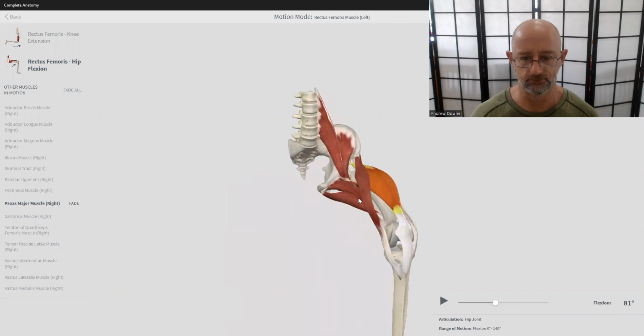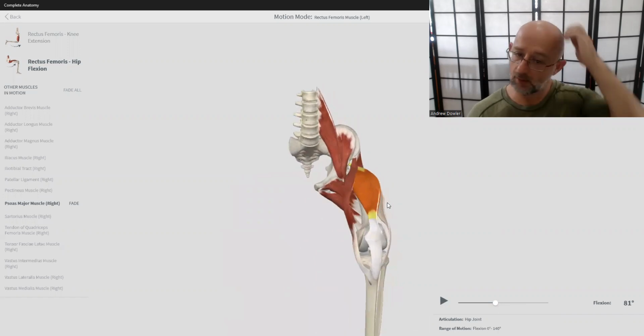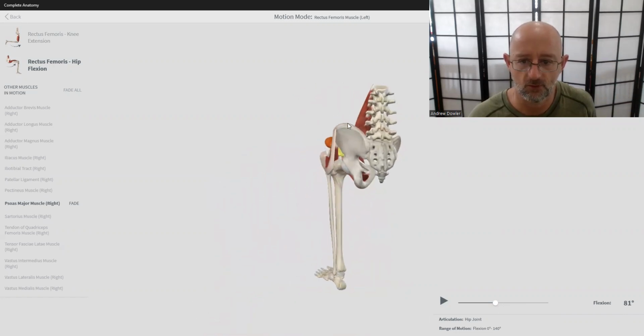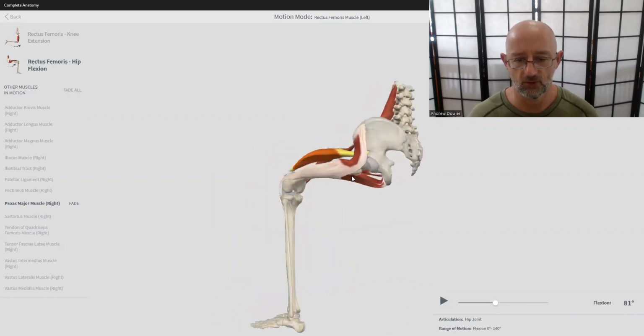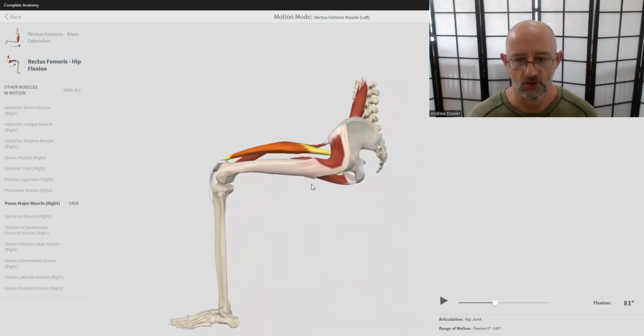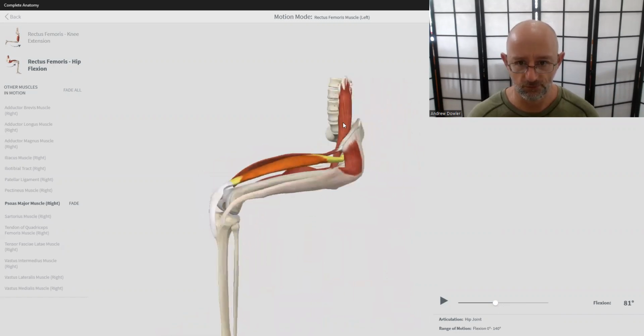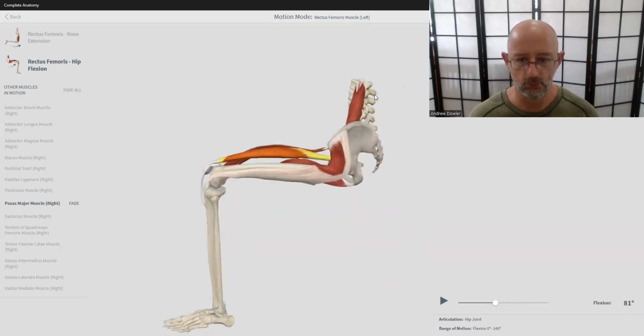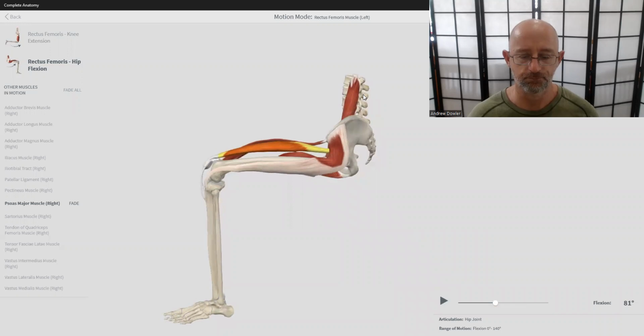Okay. Now, notice how the psoas muscle, which is quite a big one, attaches onto lumbar vertebrae 1, 2, 3, 4, 5. So when you're doing hip flexion or lifting your knee towards your chest, this strong anterior pull here is going to create a pulling movement on the lower back.